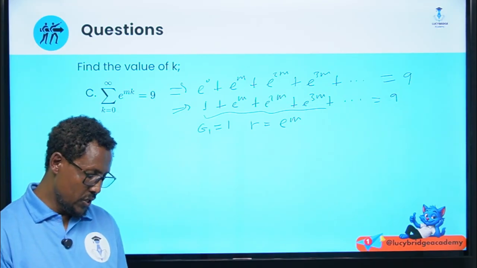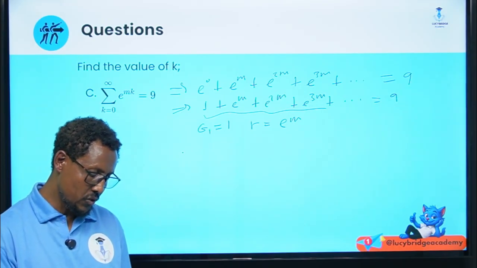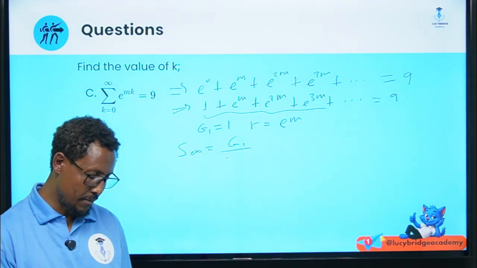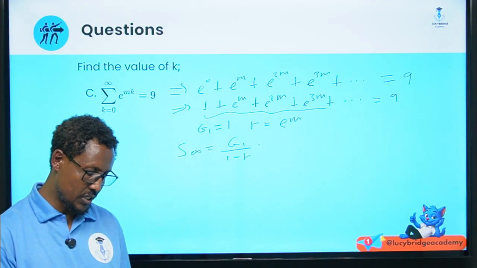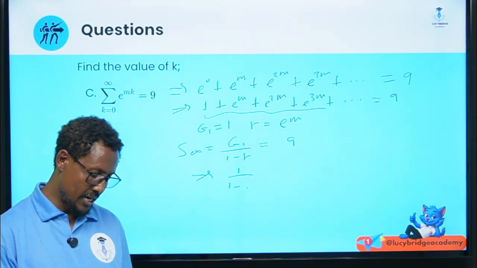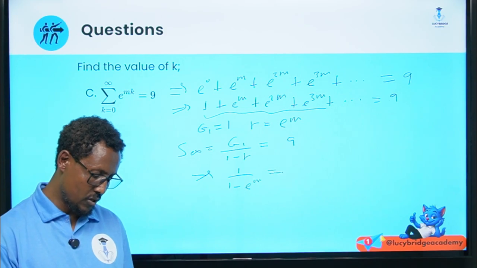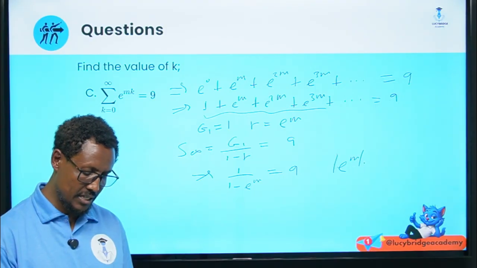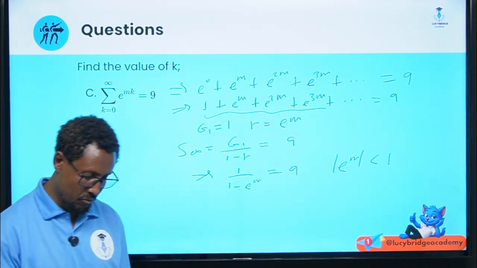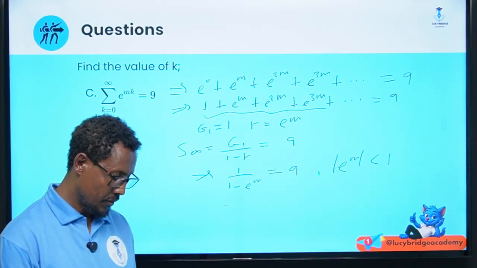So we use s infinity, which is equal to g1 over 1 minus r, which is equal to 9. This implies 1 over 1 minus e to the power m is equal to 9, but e to the power m, the r, has to be less than 1.